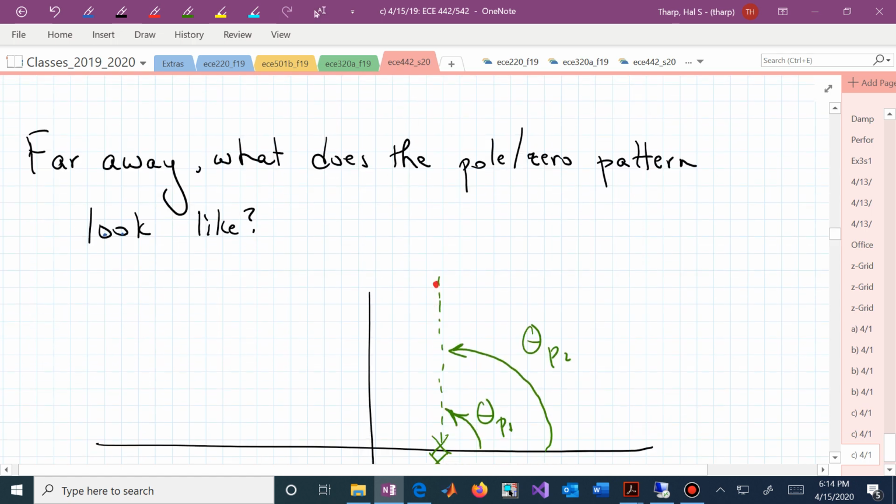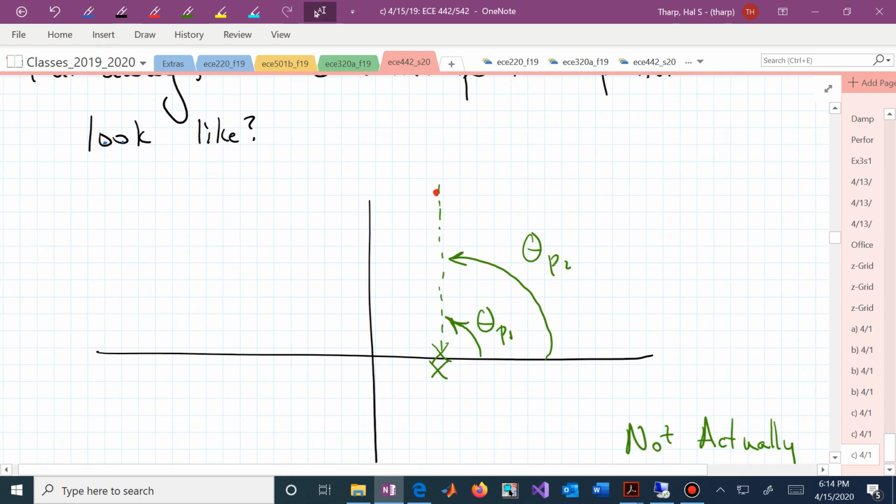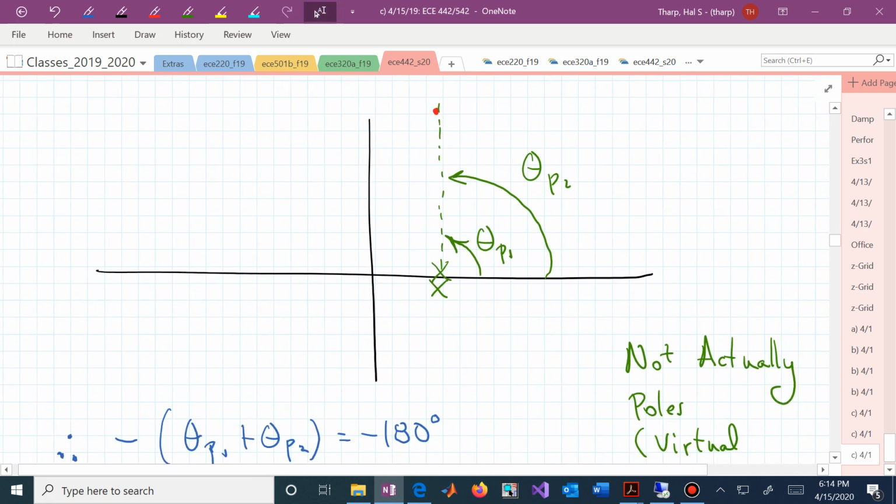Well, a long way away, do you see that in the aggregate we have 3 poles and 1 zero, so effectively from a far distance away that would look like 3 minus 1, or 2 poles. So now we say, oh, that's going to be approximated by 2 poles. These are not actually poles, these are just pseudo or aggregate poles.